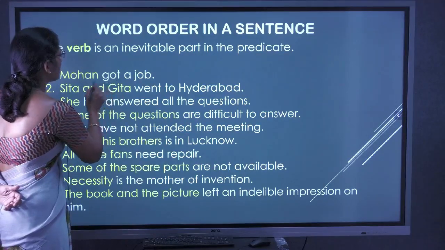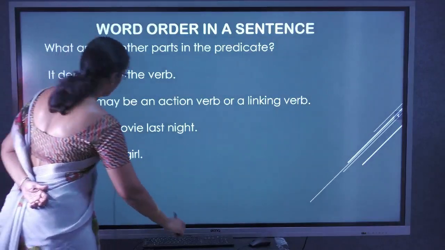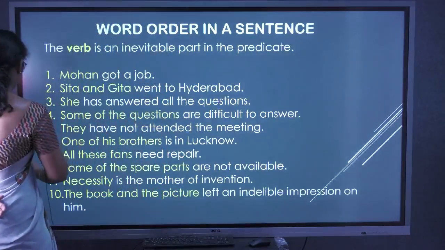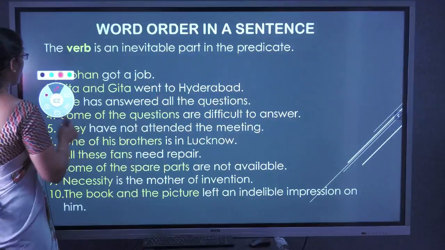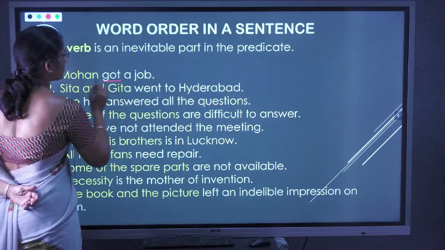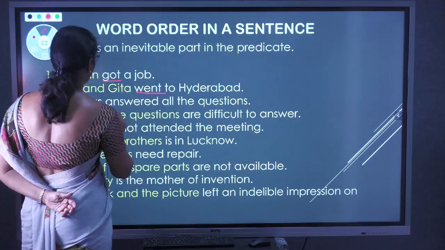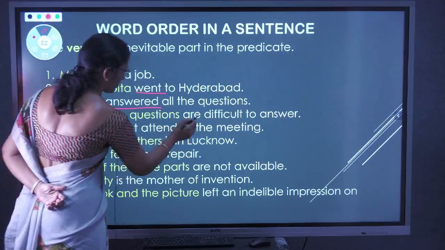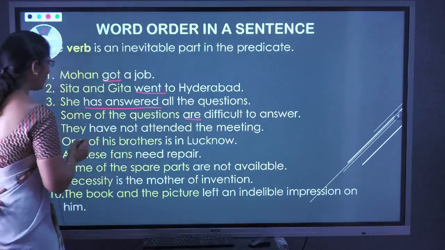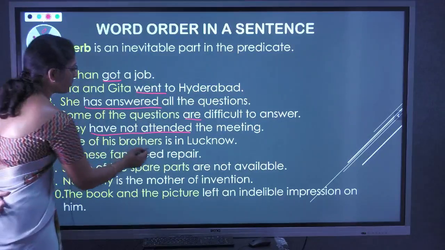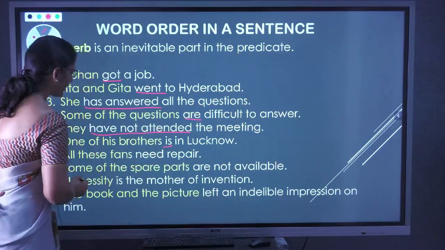So if you see this, I'll just underline the verbs in these sentences. Okay? So this is a linking word, and this is an action word, this is a linking verb.